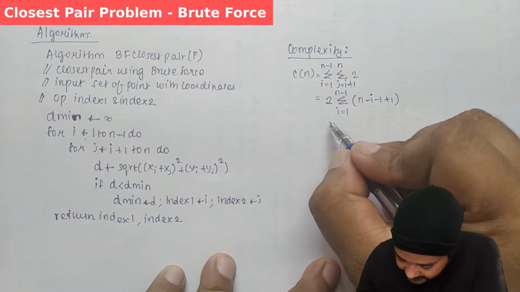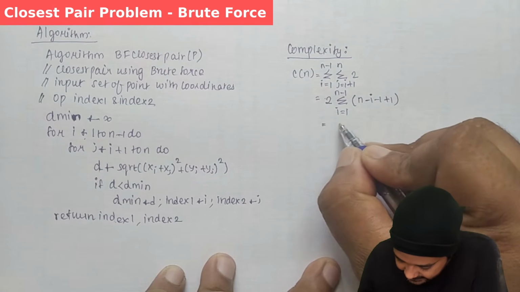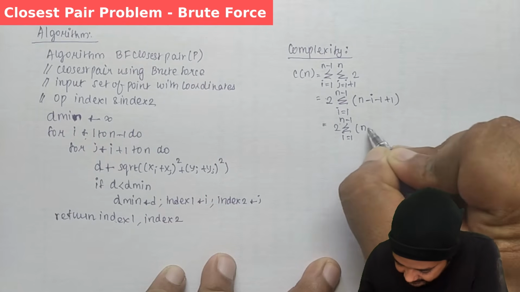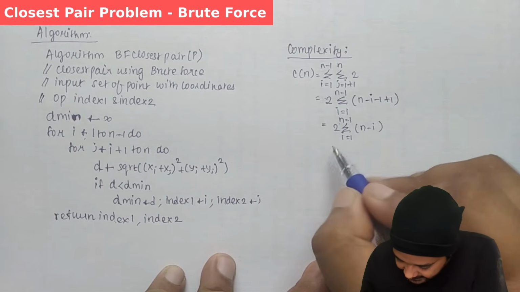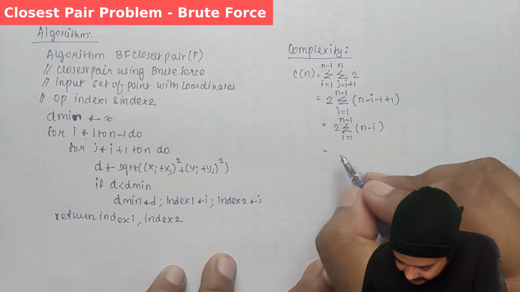So you will get 2 into the summation of i equals 1 to n minus 1 of n minus i, right?